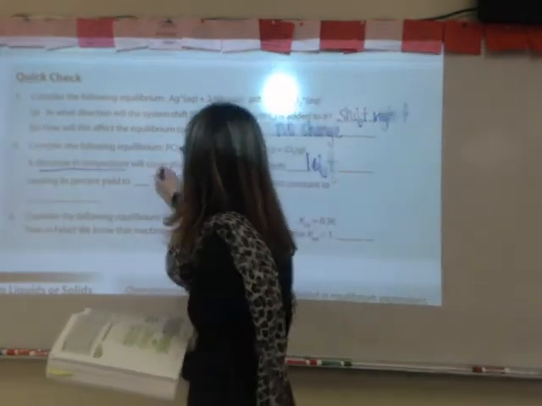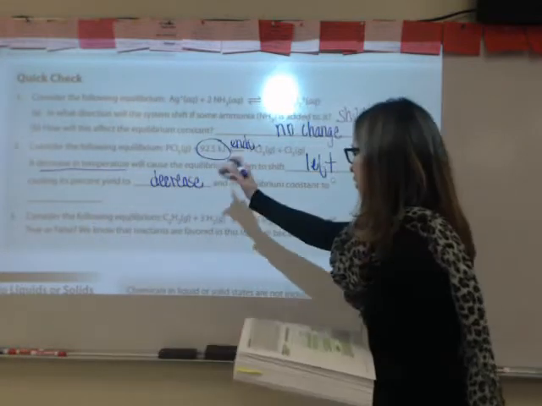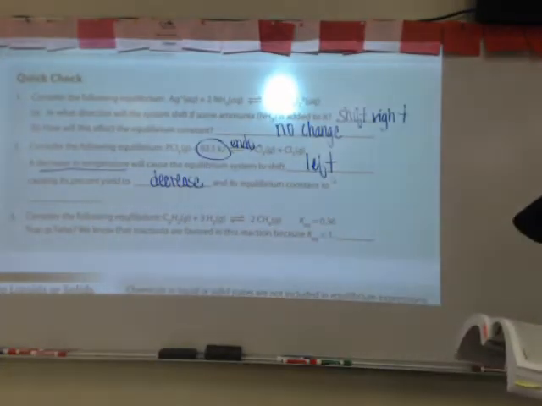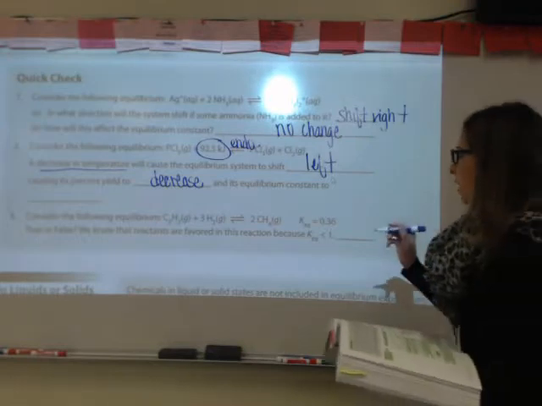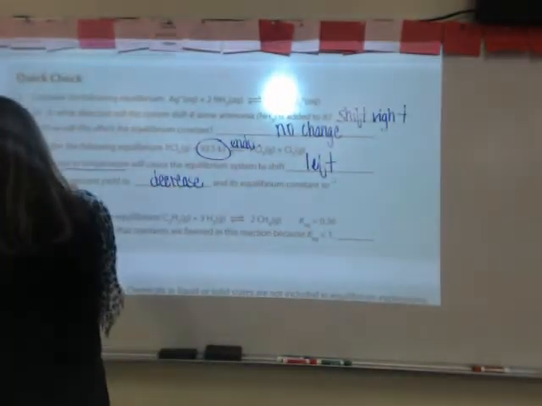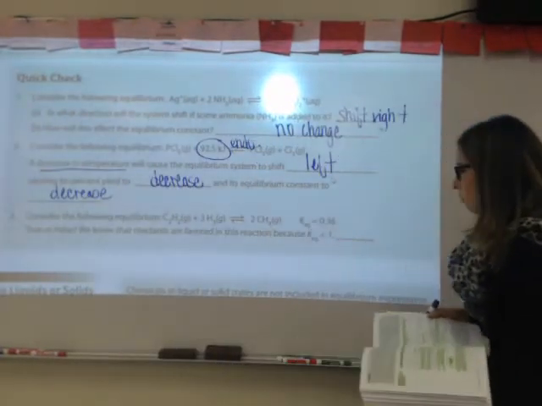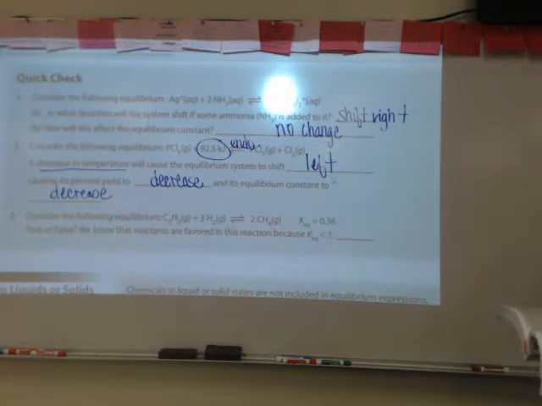And that causes your percent yield to decrease because now you're further to the left where the reactants are. You're not going to have as much product. And that means that your equilibrium constant is going to decrease because your equilibrium constant is affected by temperature changes. And it's a ratio of product over reactant.